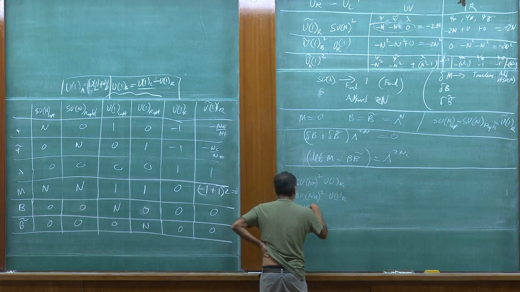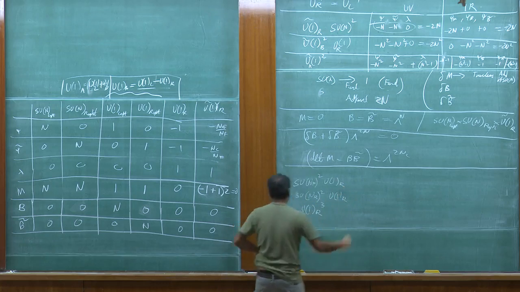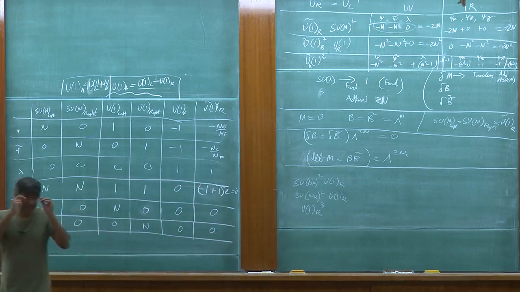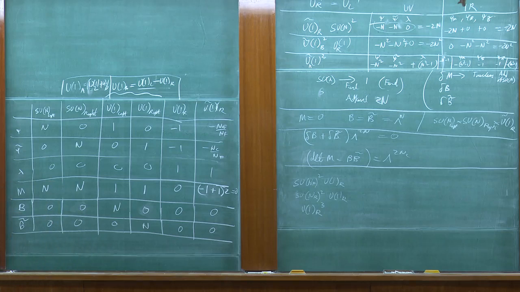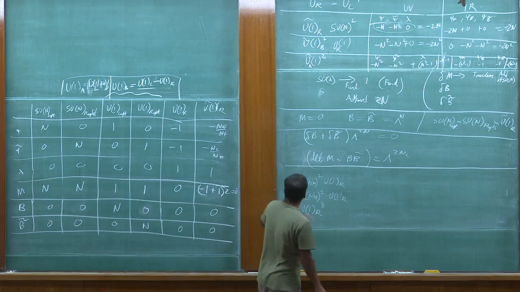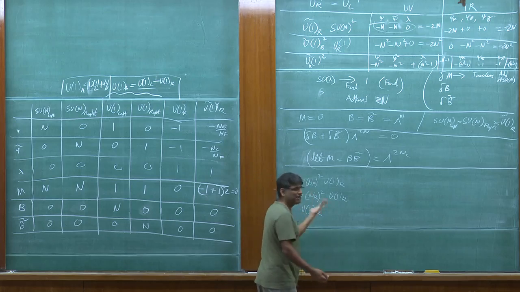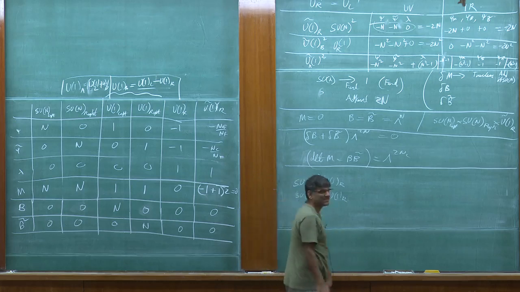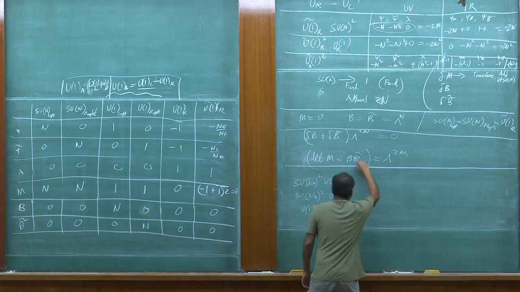And then you could have, basically, U(1)_R cubed. Now, under SU(N_F) and SU(N_R), we're going to get the same. These are basically the same thing. But okay, let's just work them out.